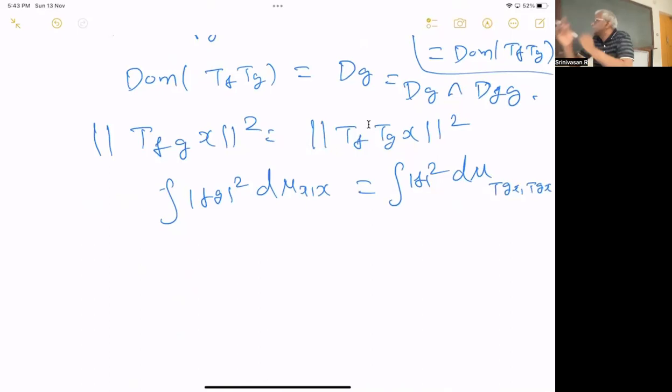Okay. Now what do you want to do? We want to prove it in general. So this is true for bounded F. Now by taking limits, this is true for all F. Right?